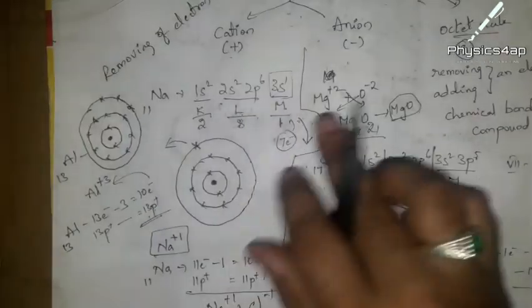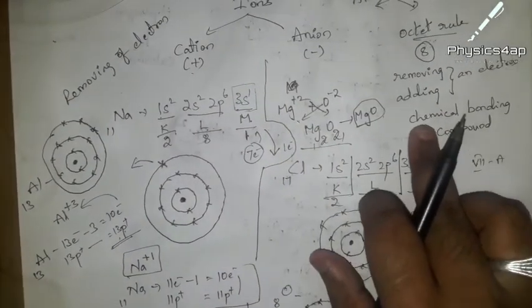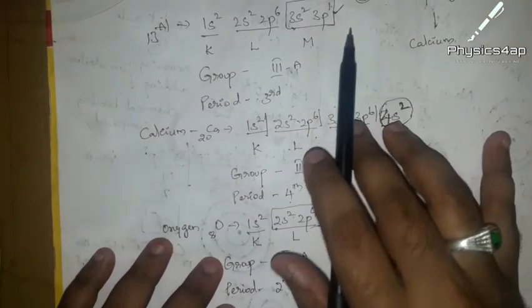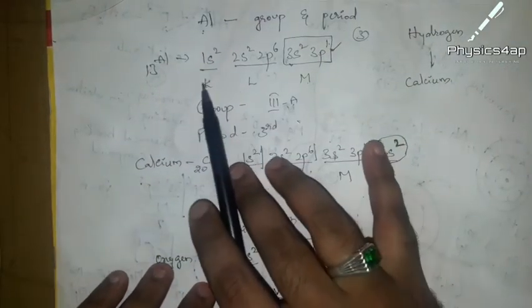All this you will be learning in the chemical bonding chapter, which is an upcoming chapter. Today we have discussed how to find a specified element in a group and period.